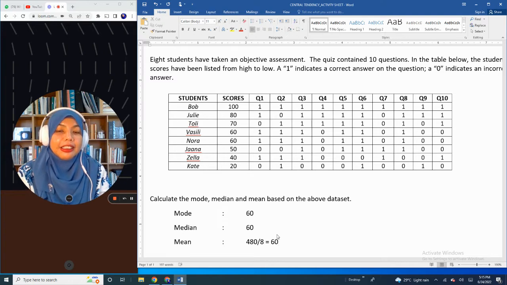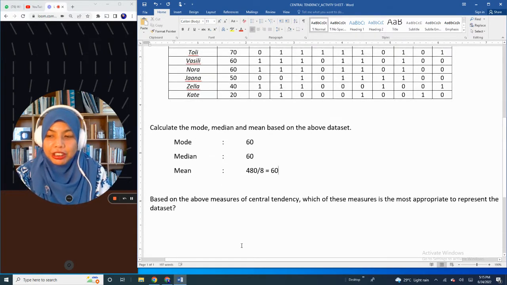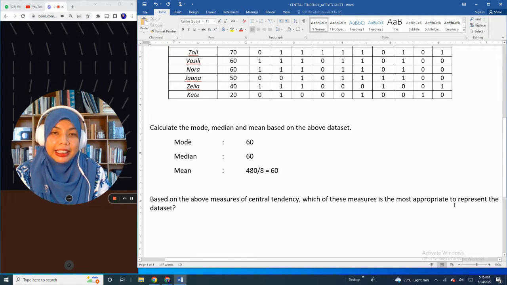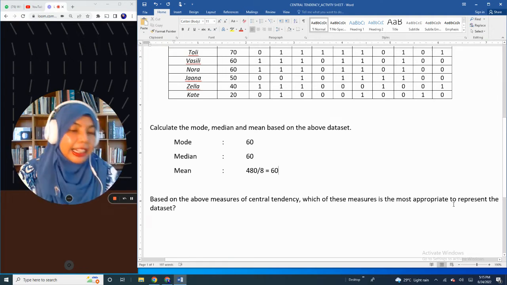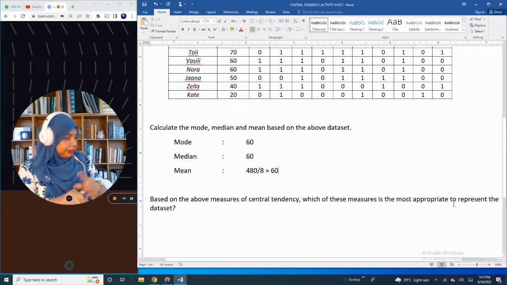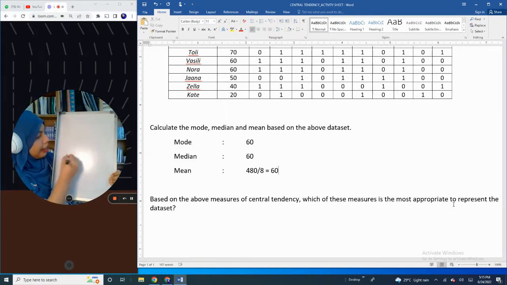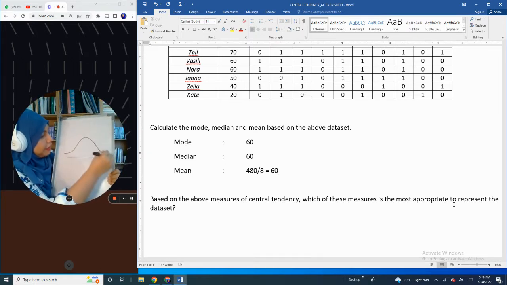All right, so off we go to the next question. Based on the above measures of central tendency, which of these measures is the most appropriate to represent the data set? Remember our normal curve?